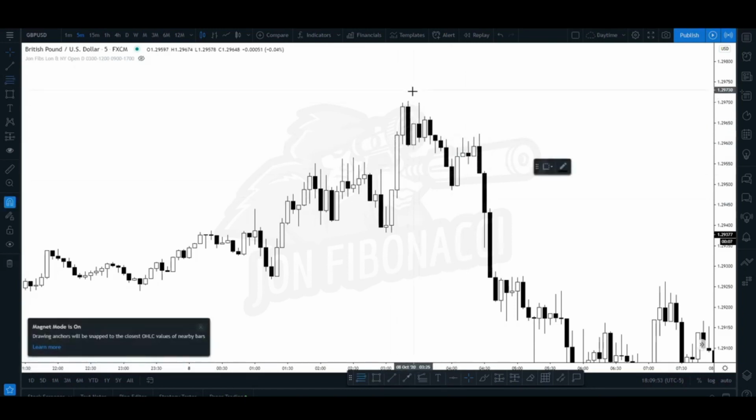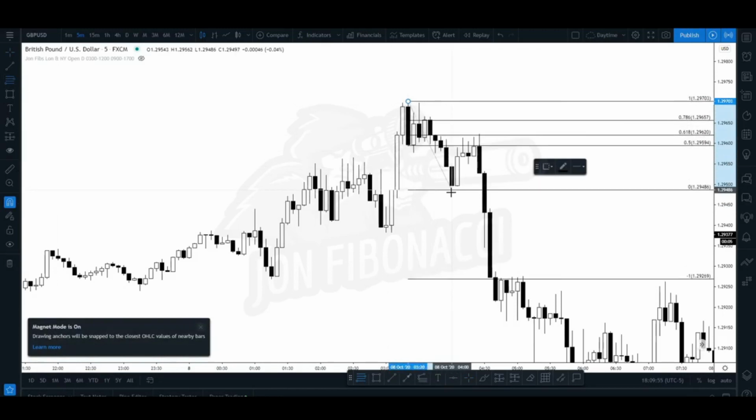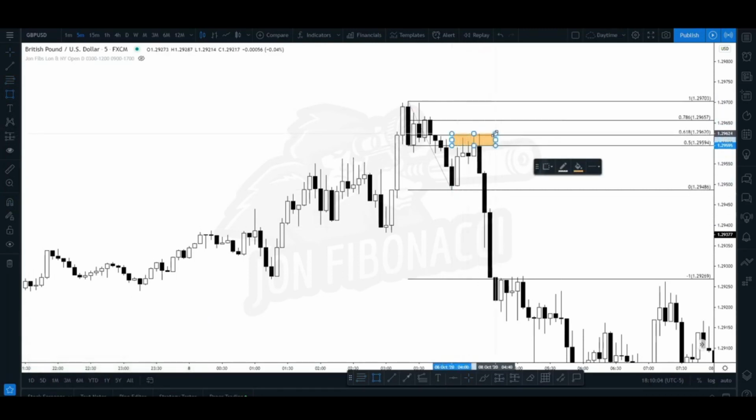But anyways, Fibonacci from the high down to the low. Now we can begin to start looking for that retracement at the 50% or that 61.8%, possibly the 78.6 if it goes that deep.